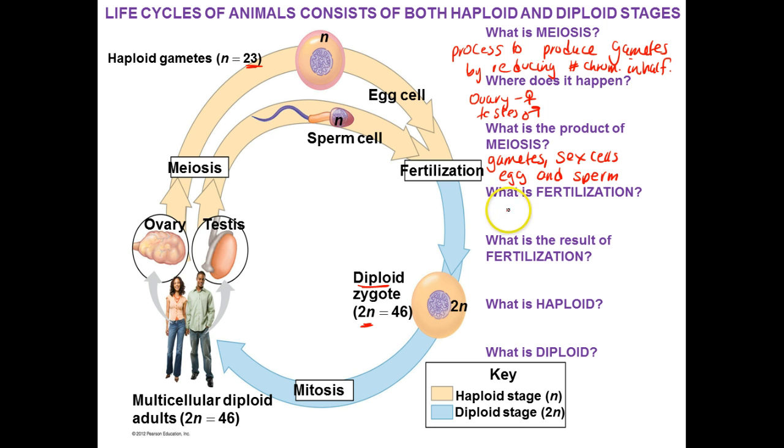Okay, and what is fertilization? So fertilization is when the egg and sperm unite, and the result of fertilization is a zygote, which we call a fertilized egg.